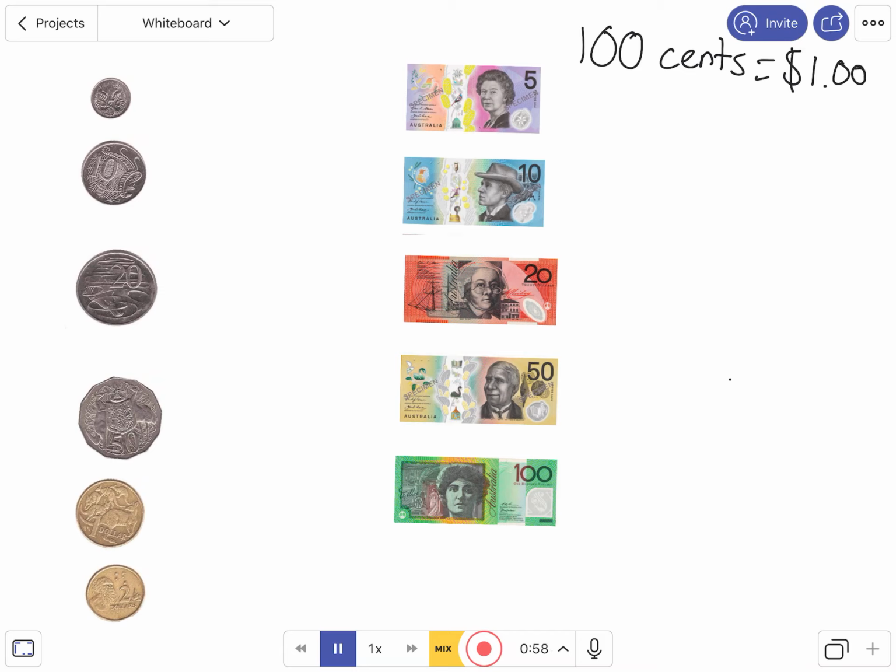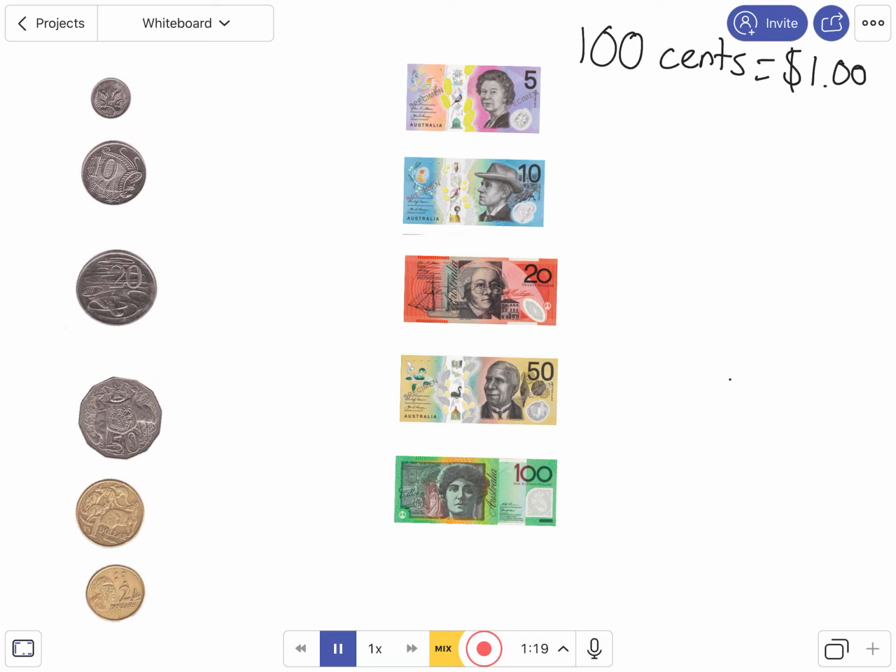The notes and coins on your screen you might have seen before. Each coin and note is a specific shape, size and colour, and that helps us identify the value. It is really important to know the value of each coin, just so we can work out how much money we need to buy things or how much change we'll receive.